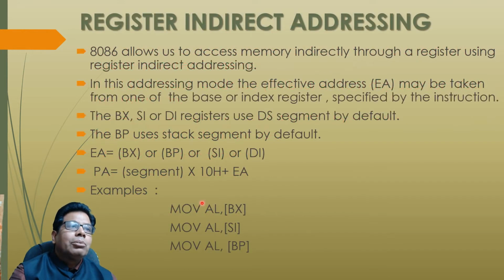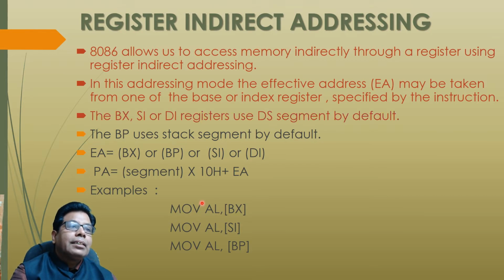Then let us go to the next, register indirect addressing. Now 8086 allows us to access memory indirectly through a register using register indirect addressing. In this addressing mode, the effective address EA may be taken from one of the base or index register specified by the instruction. So here either you can use the base register or the index register.